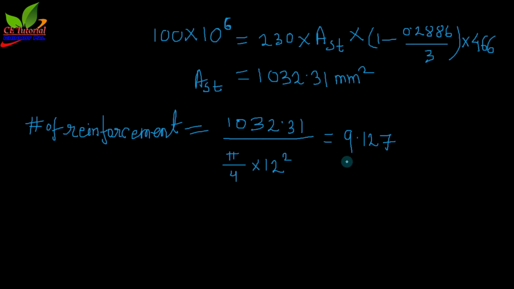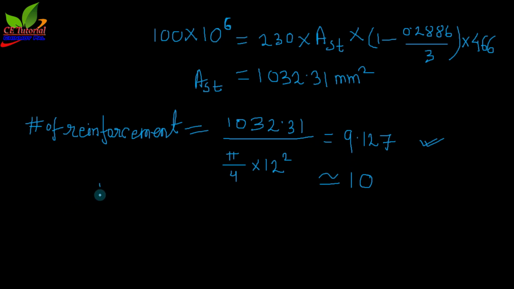We can't provide 9.127 bars, so we have to make it a round figure, and please keep in mind we can't reduce the number, we have to always increase the value. So the number is 10, not 9.